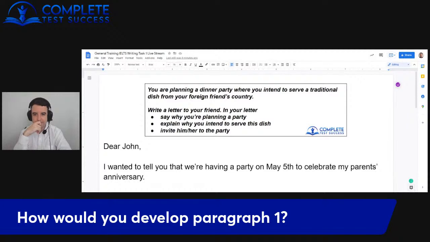How would you develop that? At this rate, I would say we're not going to get the whole way through the letter, but that's okay.